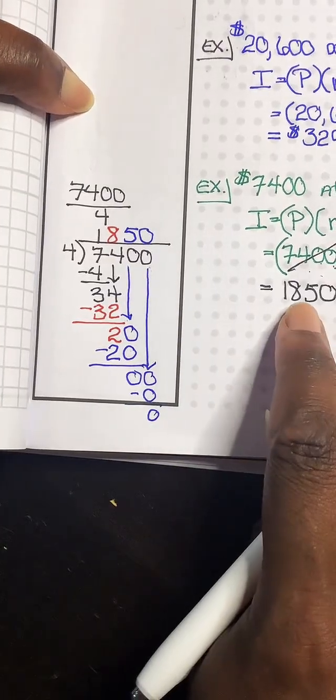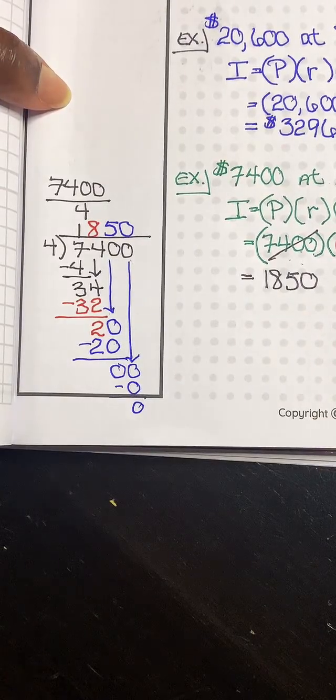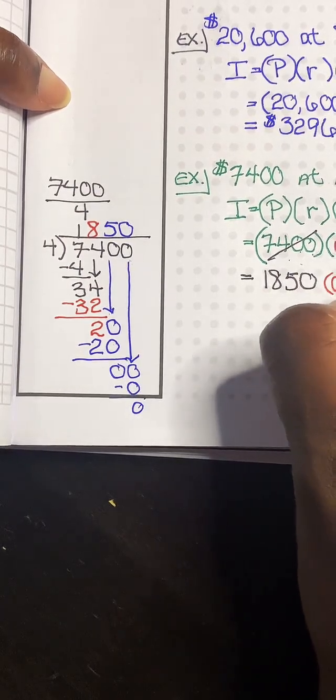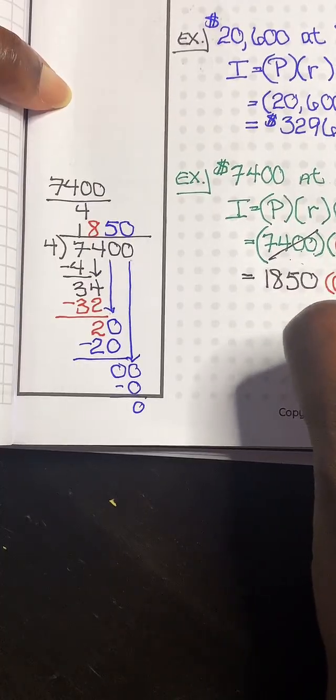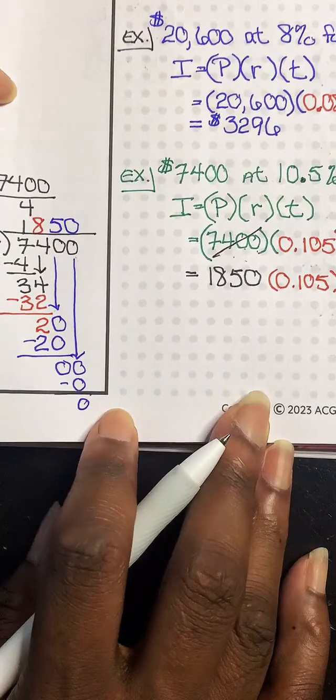Okay, so that's how I got that 1850. So now all you have to do is take the remaining, that 1850, and multiply it by 0.105. You see how multiplication is key.